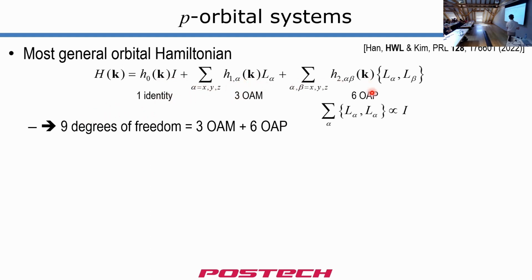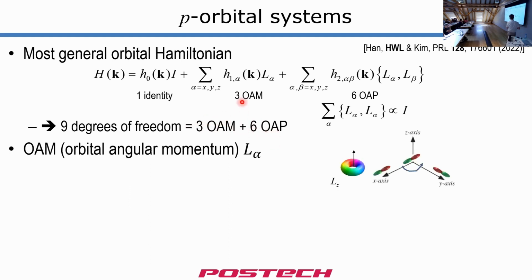But if I make a certain linear combination of the 6 orbital angular position operators, I will produce the identity, so I may throw that out. These two provide a complete description of orbital dynamics in a P system. So to provide a complete description of orbital dynamics, we need to discuss not only orbital angular momentum dynamics, but also orbital angular position dynamics.